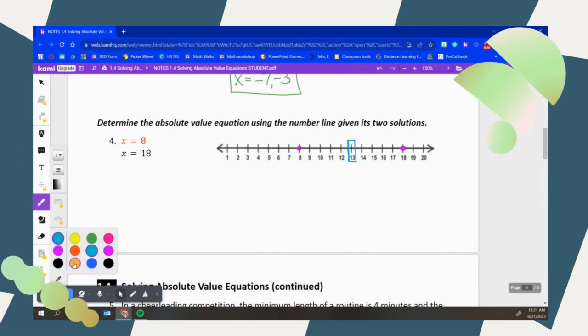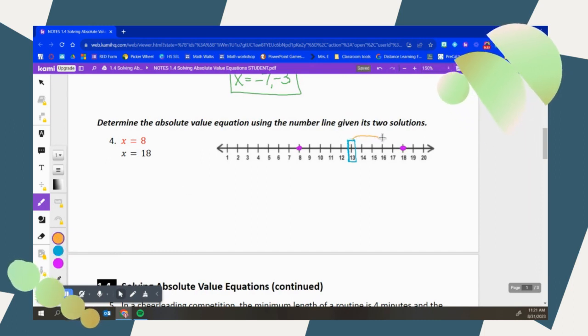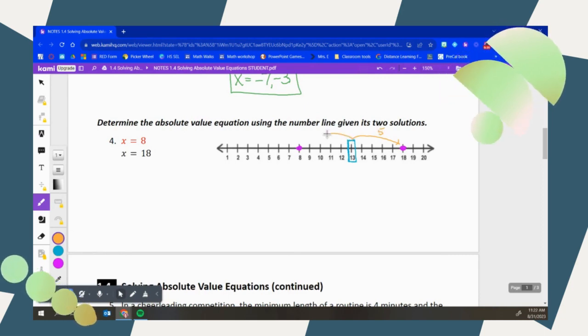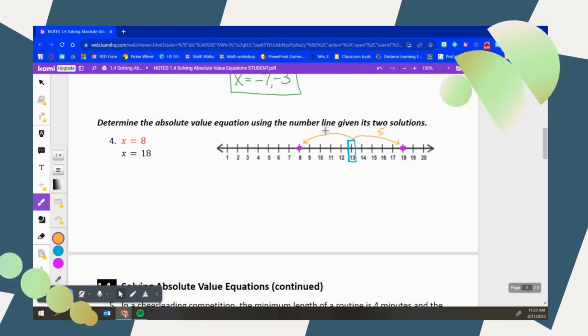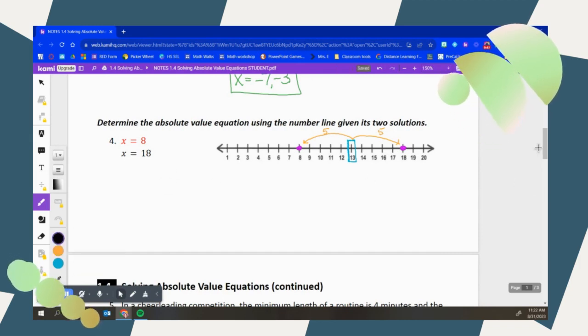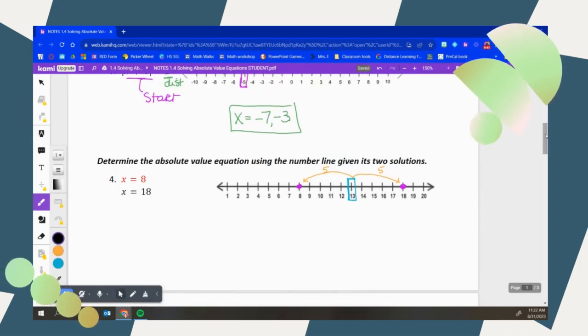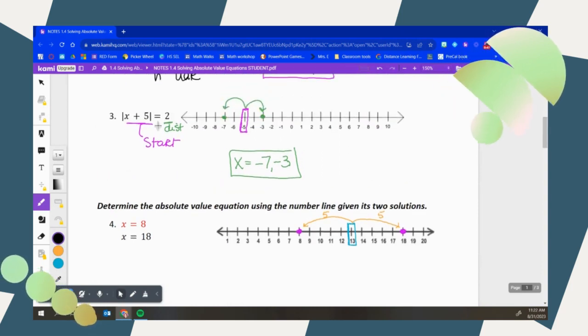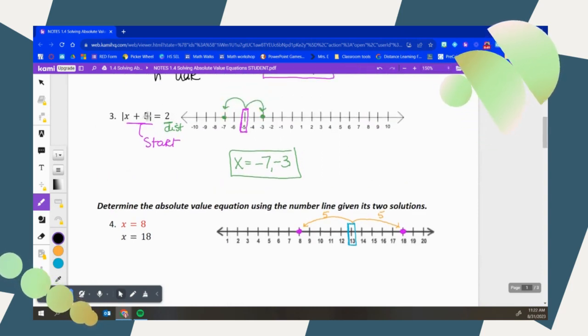So what do I know from 13 to 18? 5. And from 13 back to 8, what's that? 5. All right, so if I'm writing the equation, it's going to have to look something like this, and we just need to figure out what numbers we've got to put in there.